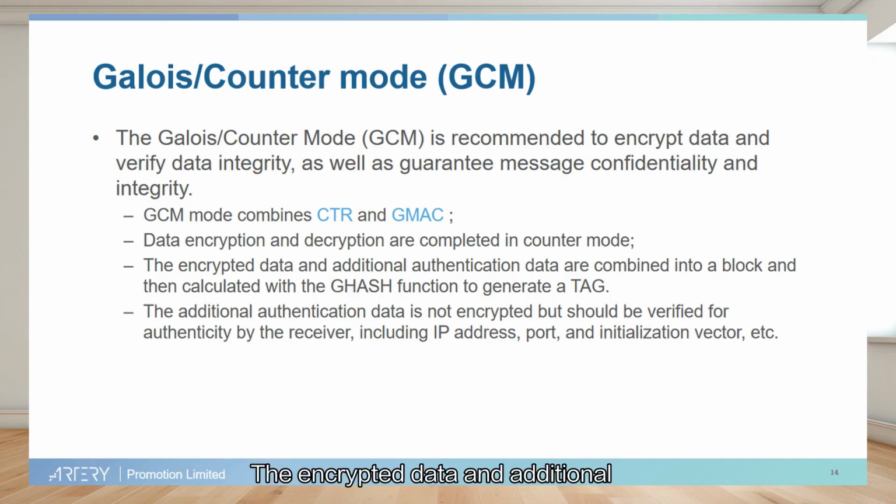The encrypted data and additional authentication data are combined into a block and then calculated with the GHASH function to generate a tag. The additional authentication data is not encrypted, but should be verified for authenticity by the receiver, including IP address, port, and initialization vector, etc.